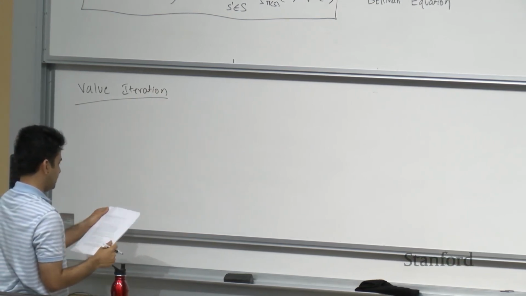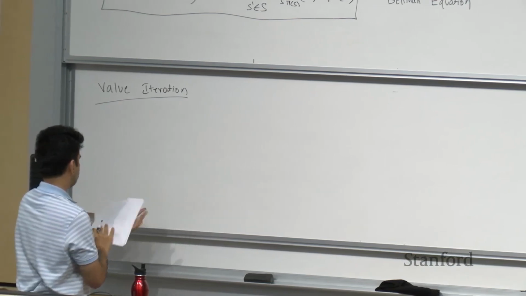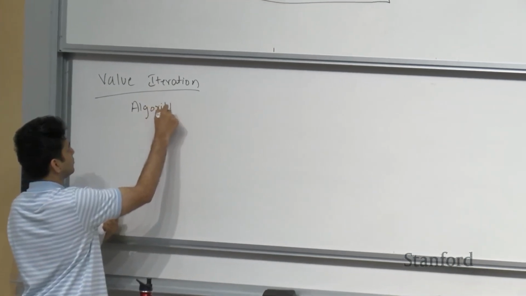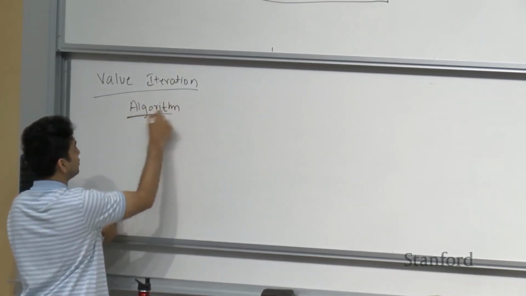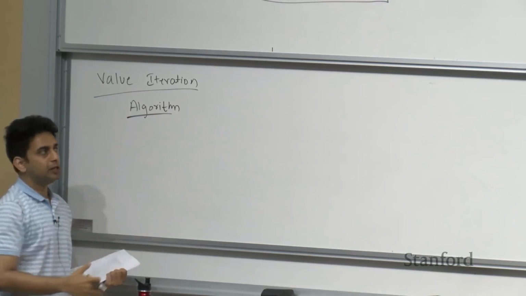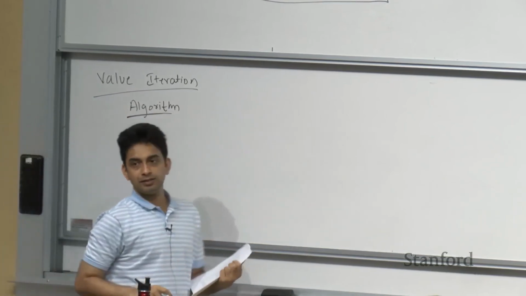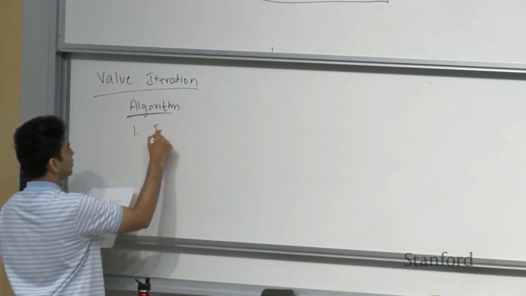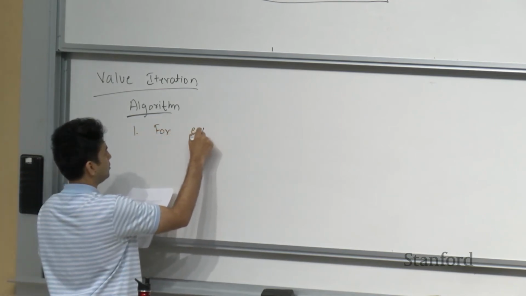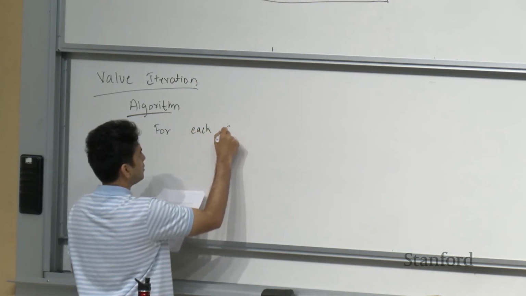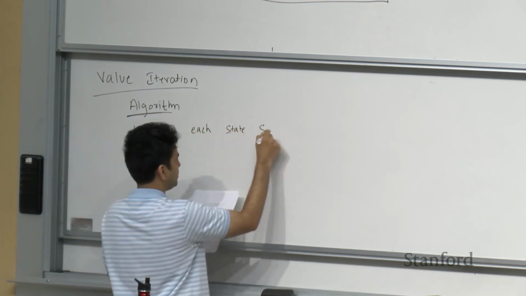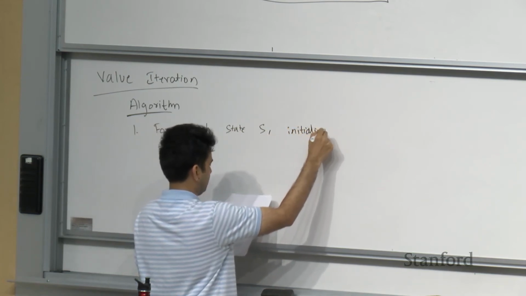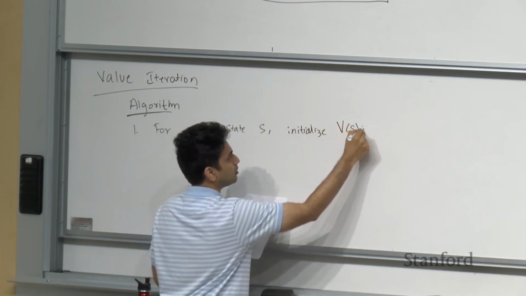So value iteration is an algorithm. It tells us how to compute. It's not just a mathematical relation which is a necessary condition. So this tells us how to compute. Step 1, for each state S, initialize V of S equal to 0.